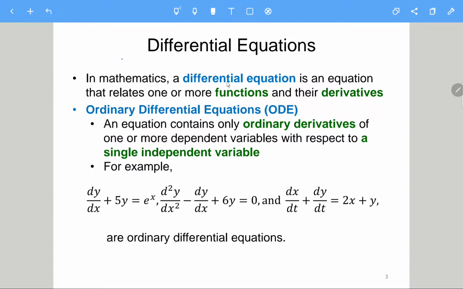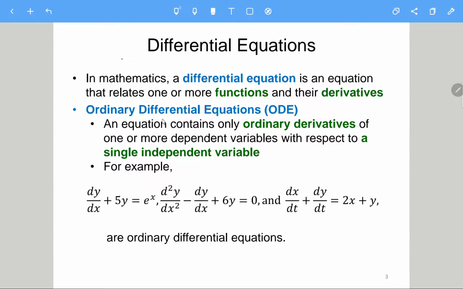A differential equation is an equation that relates one or more functions and their derivatives. So in the differential equation, the unknown is not a variable or variables anymore. It is actually a function, usually a function of time or a function of space or both.